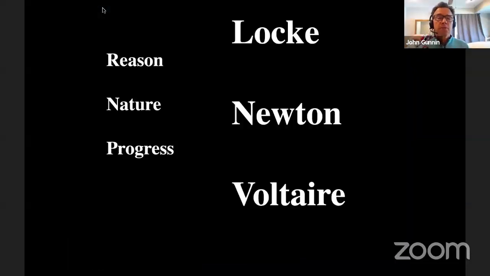Just a reminder about the Enlightenment: reason was a focus, the belief that we could learn just about anything we needed to. Nature, by which I mean the empiricism and observation of nature, and the belief that progress was at hand and a positive thing. Some of the thinkers on the right are people you know. I just saw a play by Voltaire recently. His plays are still being produced.